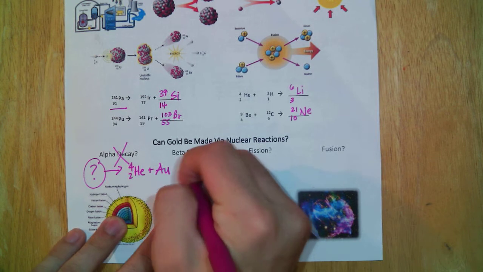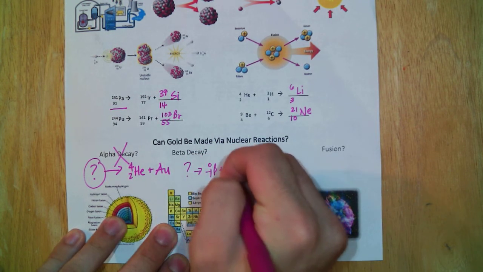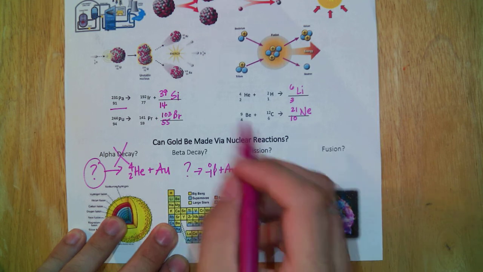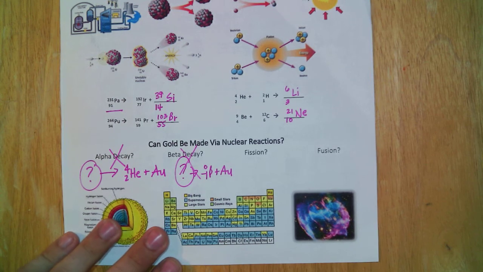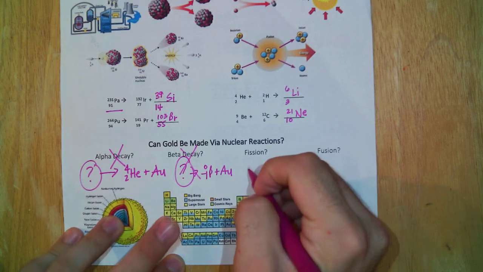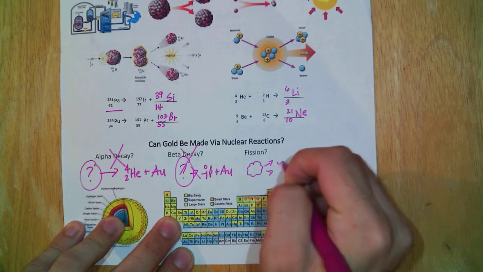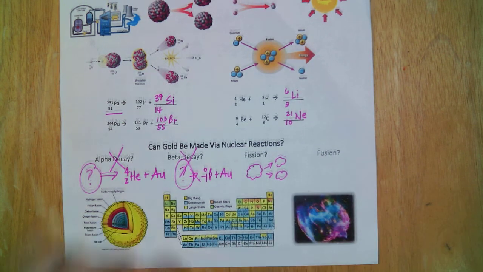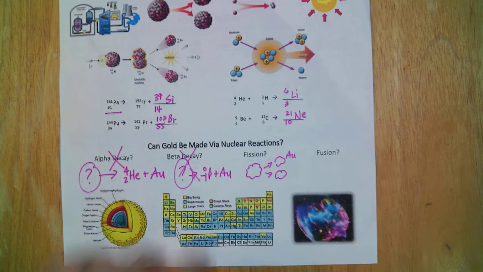We did the same thing with beta decay. What isotope can undergo beta decay to help us form gold? We found out what that isotope was, but again we looked on the isotope chart and that isotope is non-existent. We looked at fission. What's one nucleus that can split up into 2 or 3 or 4 smaller nuclei that could possibly give me gold as one of those smaller nuclei?